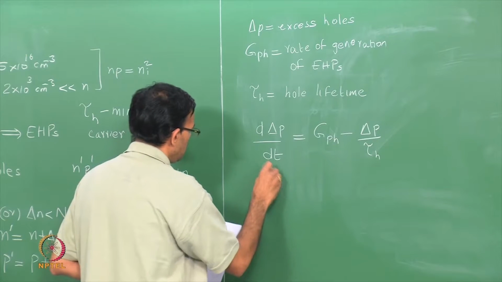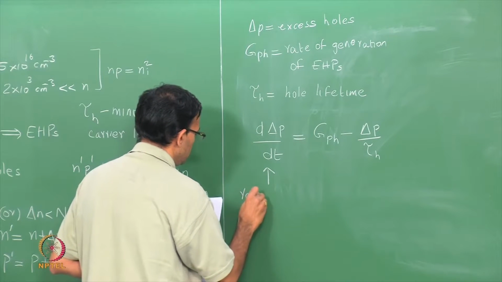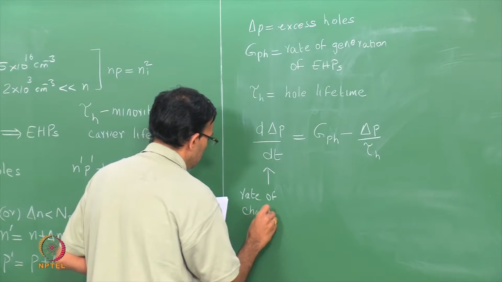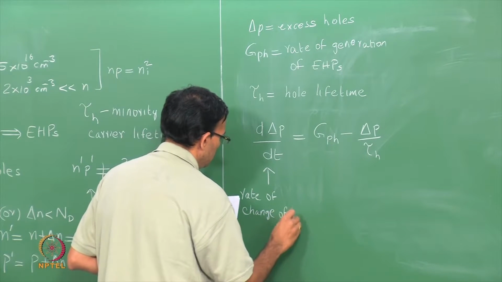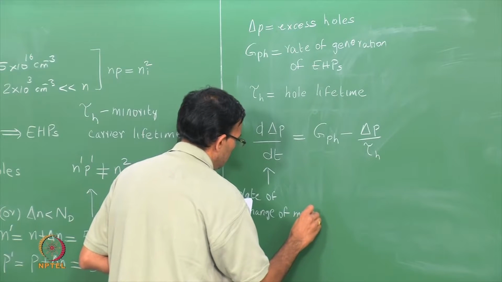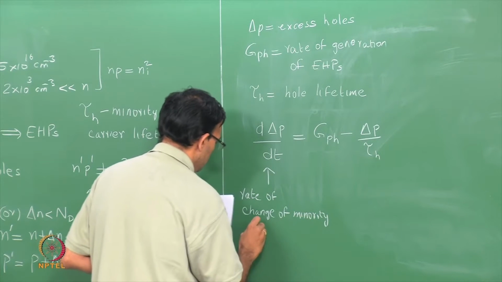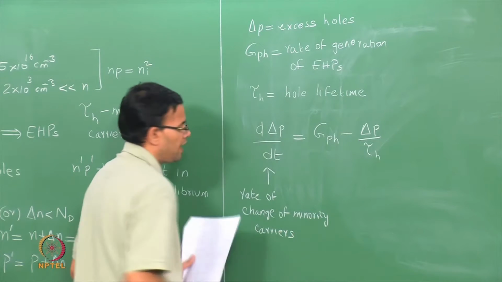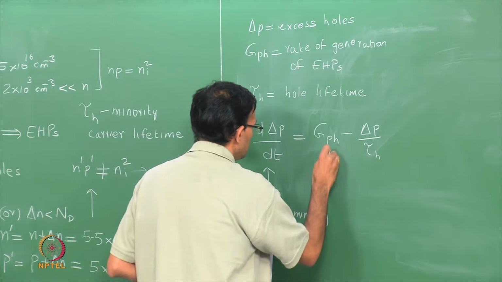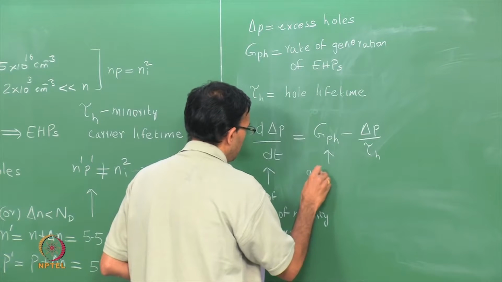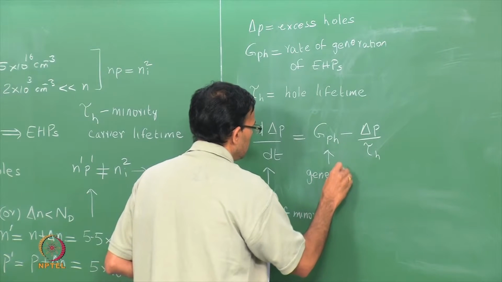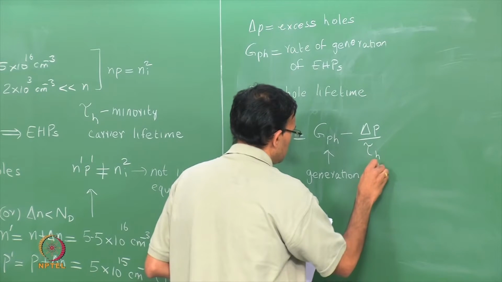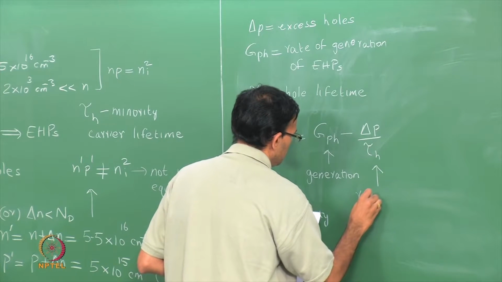So, this term is the rate of change of minority carriers. This one is the generation of new carriers. This one represents the recombination term.